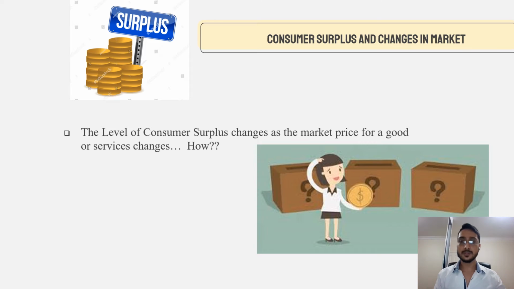So consumer surplus and changes in market. In this section, we'll be talking about the price, and the price changes can come from different sources. So price changes can come from the quantity of the product being supplied, or from government intervention.